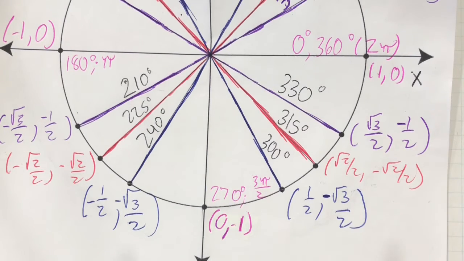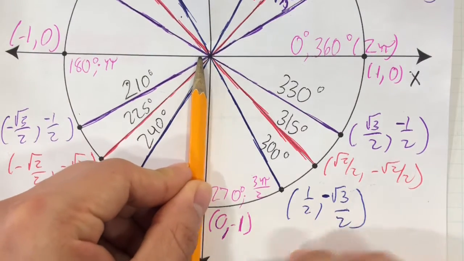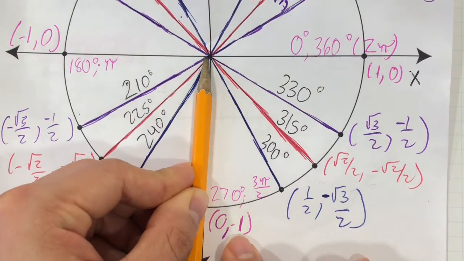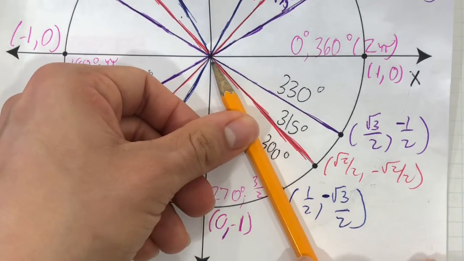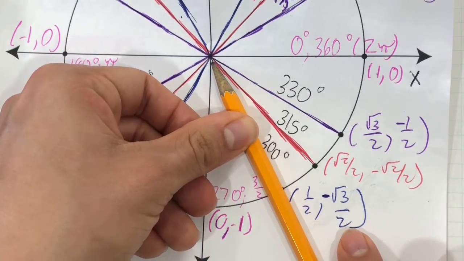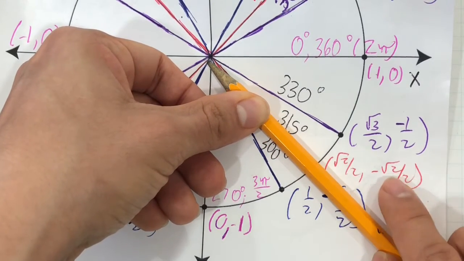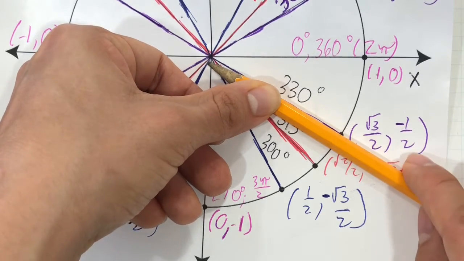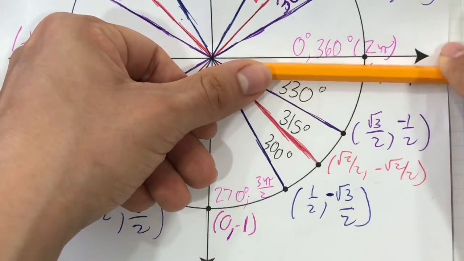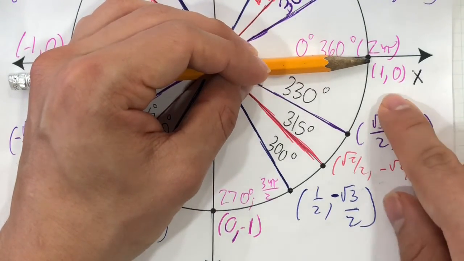So if I were to rotate the unit circle counterclockwise, sine of 270 is negative 1. Sine of 300 is negative root 3 over 2. Sine of 315 is negative root 2 over 2. Sine of 330 is negative 1/2. And then sine of 360 degrees is 0.